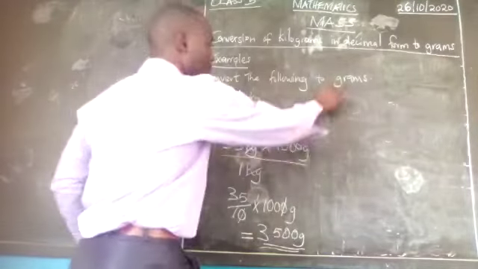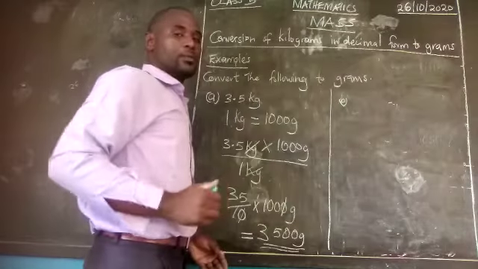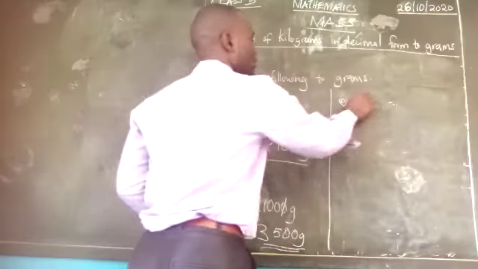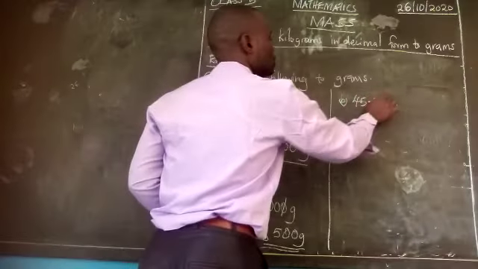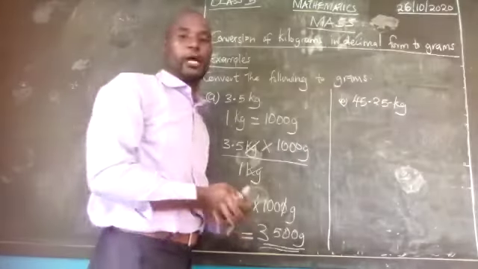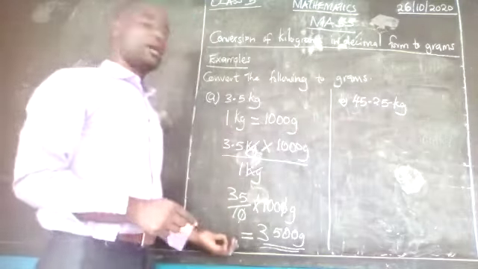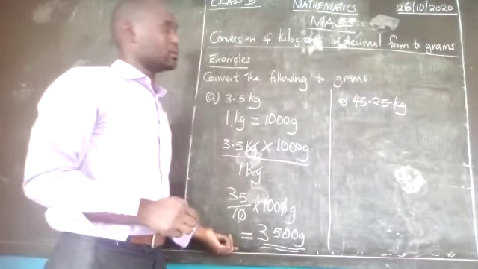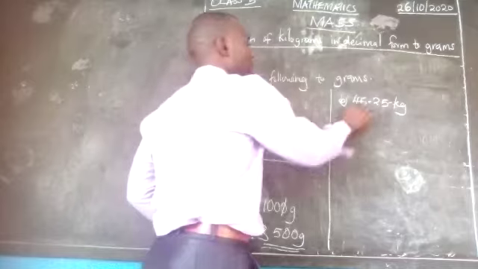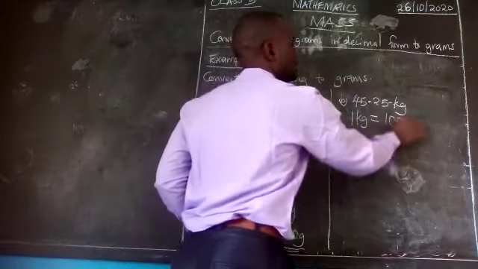Let us look at our next example. So our next example, we have this question. You have been given, let's say, 45.25 kilograms. You work it the same way we have worked out the first question. So you shall say 1 kilogram is equal to 1000 grams.